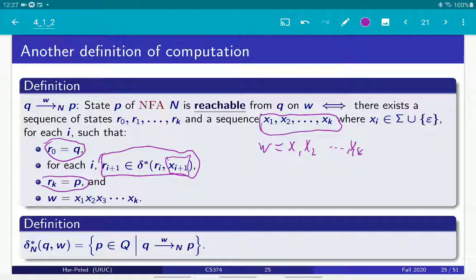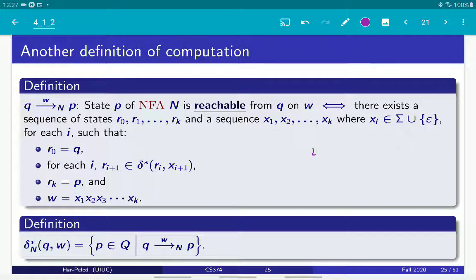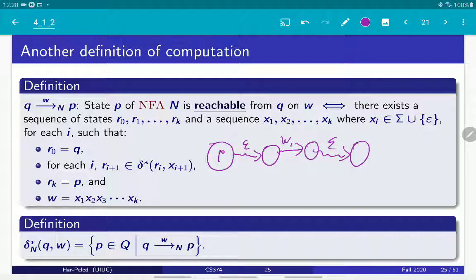So if you draw it, since we are now including epsilon, maybe it's easier to think about epsilon. We start at Q, do an epsilon transition to some state. We take the first real character, let's call it W1. You do some epsilon transition and get to another state.